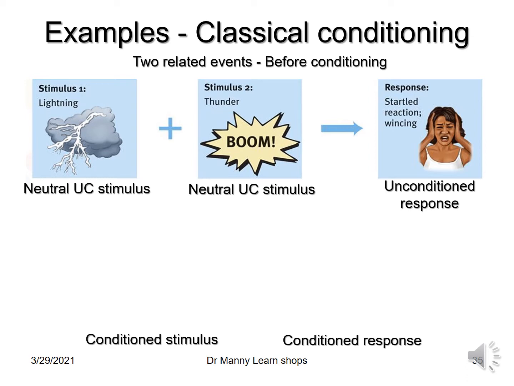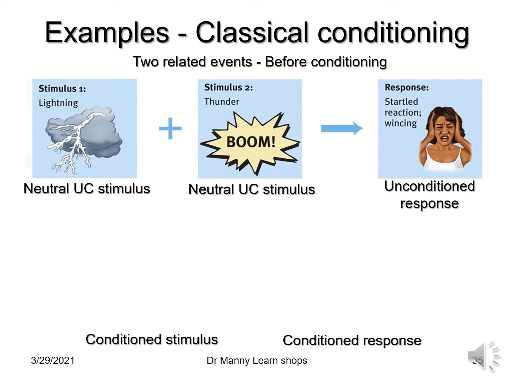The response typically that people have in relation to thunder, not lightning, is they get a startled reaction. I mean, lightning doesn't make you jump. It's the thunder, the boom, the unconditioned response that gives you that reaction.